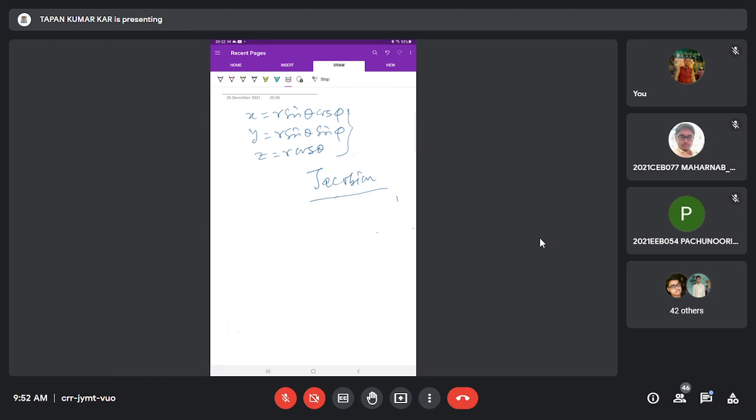It not only moves in this way, from here to here, it also moves along the z axis. That's why another coordinate is taken, that is phi. So now evaluate this for this system: x equal to r sin theta cos phi, y equal to r sin theta sin phi, and z equal to r cos theta.